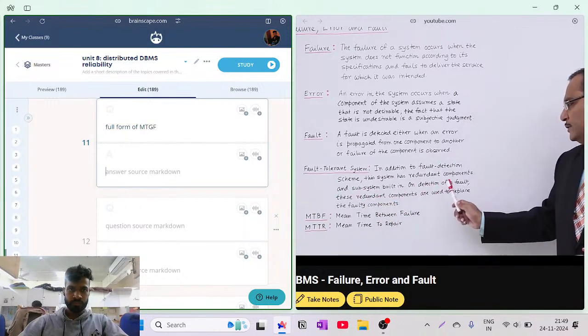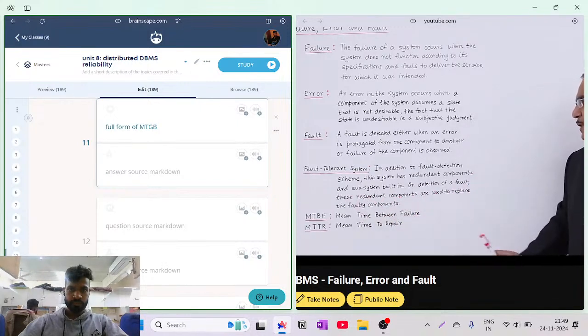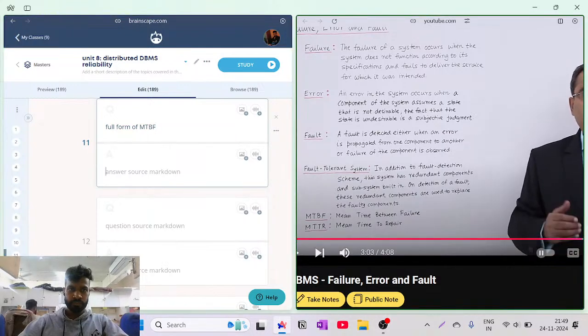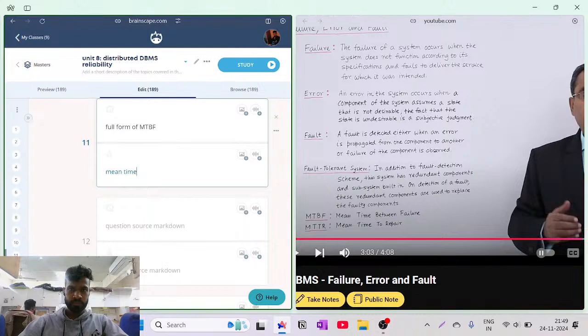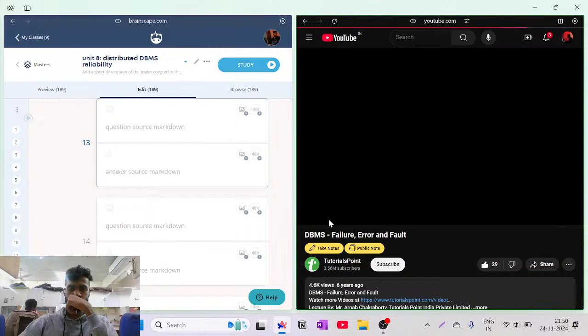On detection of a fault, these redundant components are used to replace the faulty components, and the system will go on.